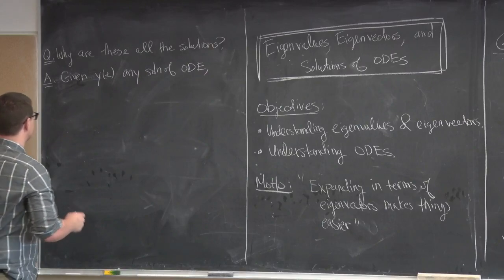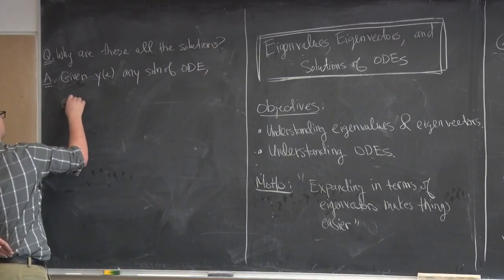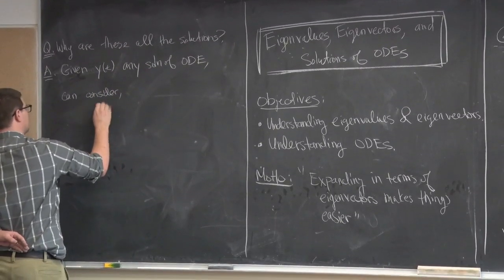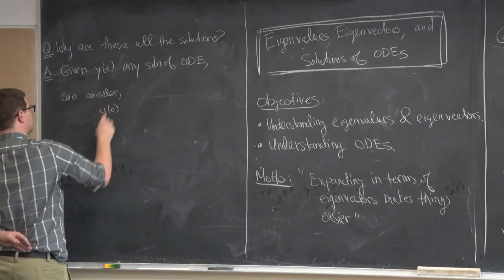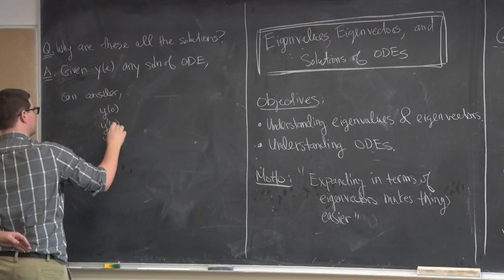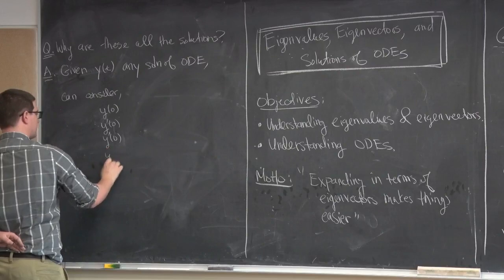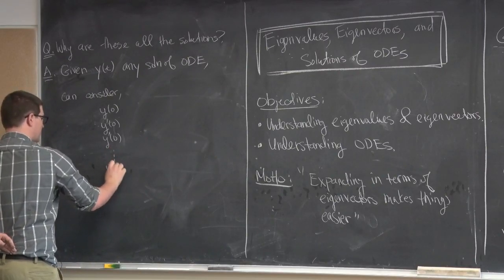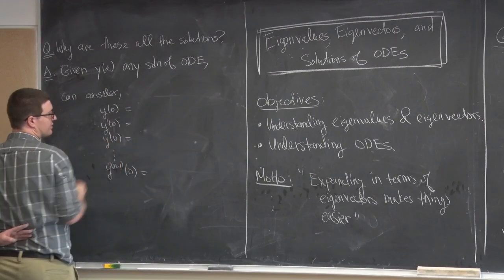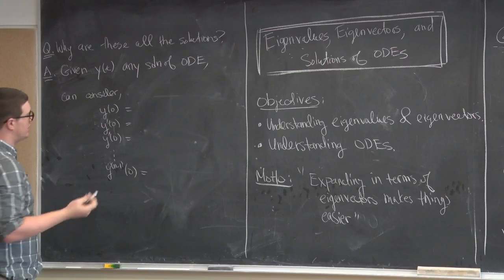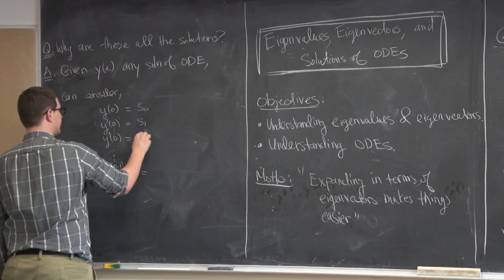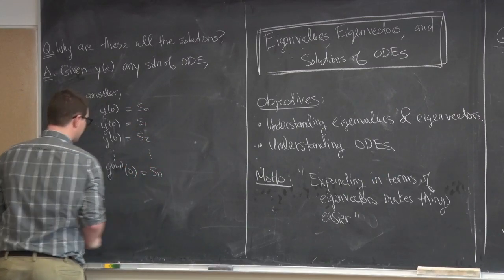We can consider y of 0, y prime of 0, dot dot dot, y to the n minus 1 of 0. These are particular values, so we could call these S0, S1, S2, through S(n minus 1).